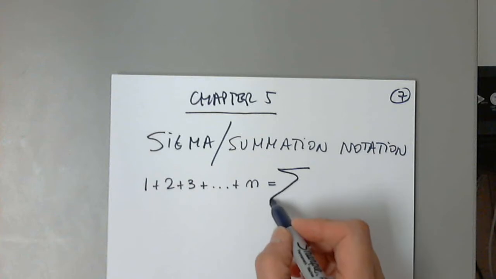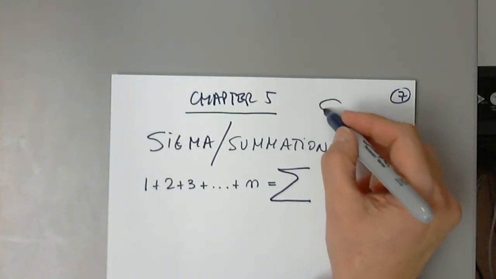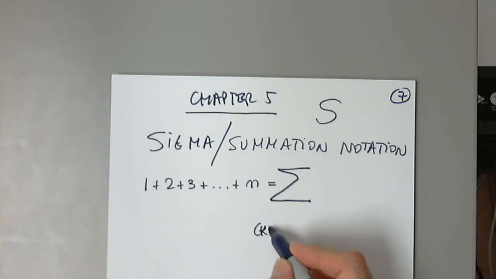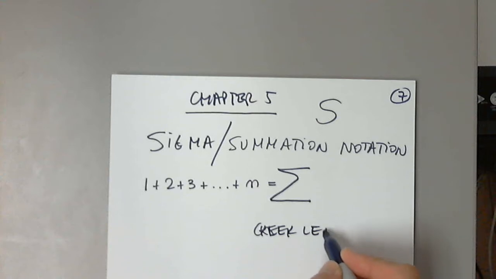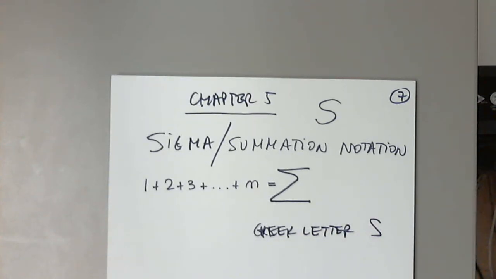So this is the summation or sigma notation. Well, why can't we use S? Why do we have to use this, which is the Greek letter sigma instead of S? Also called summation notation.